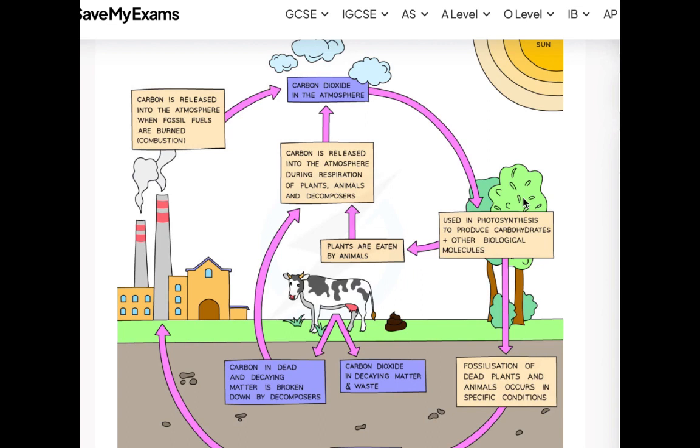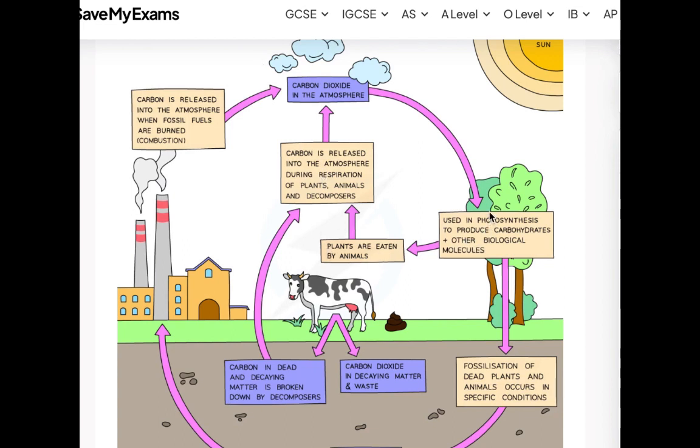Once the carbon is used to produce food, this food is eaten by other organisms, which in turn breathe out and release carbon back into the atmosphere. Each of these organisms that feed on them, the cow, the human being, they breathe out and release carbon back into the atmosphere. That is one way the carbon gets back to the atmosphere.